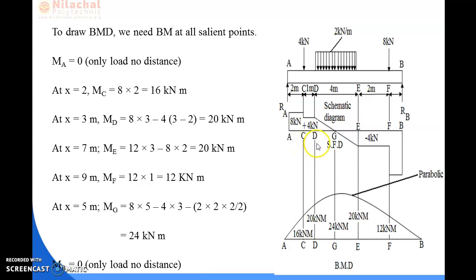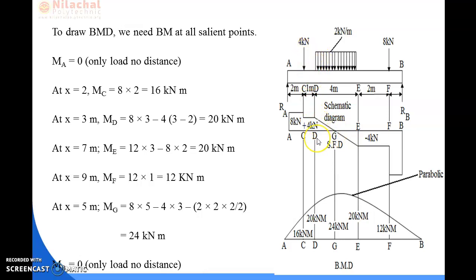As we know, the DG value is 2 meter and the CD value is 1 meter as given in the question, so the total distance from C to G will be 3 meter. Hence, the moment calculation for this point load will be 4 into 3, and it will give a hogging moment towards point G.